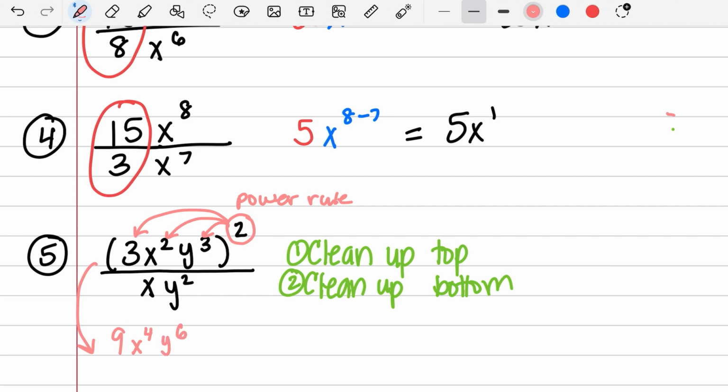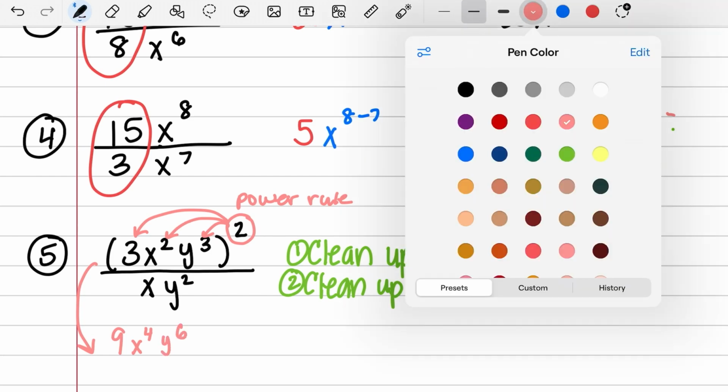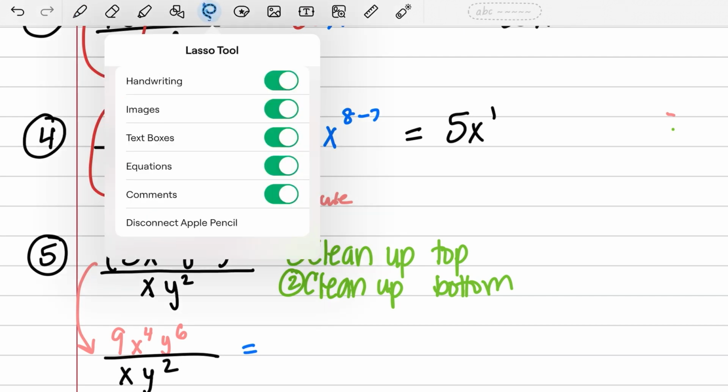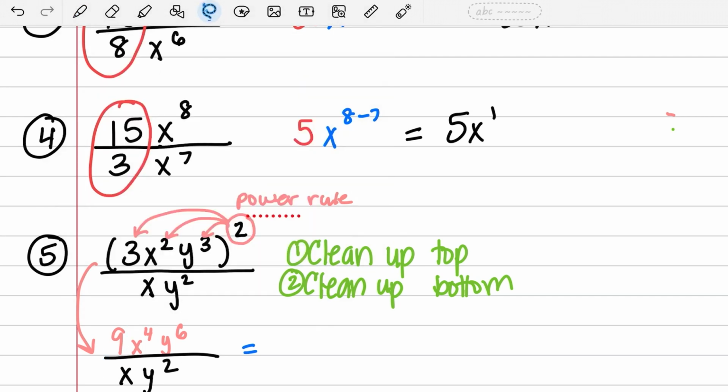And now we're going to clean the bottom, but luckily for us, there's nothing to really do at the bottom. So we're just going to write xy^2. And now we can subtract. For our coefficient, we have 9 and an invisible 1, but 9 divided by 1 is just going to be 9.